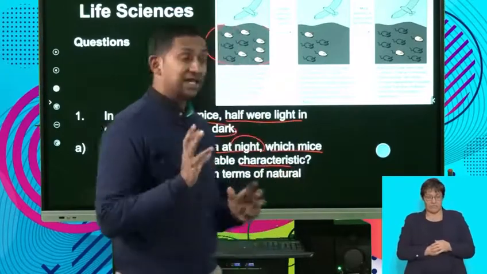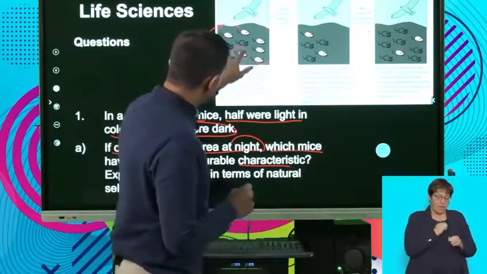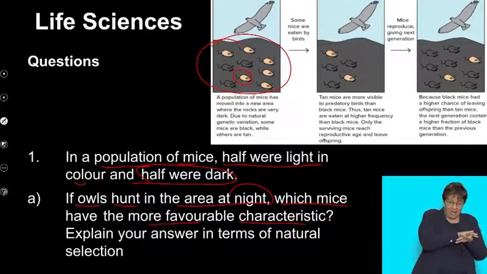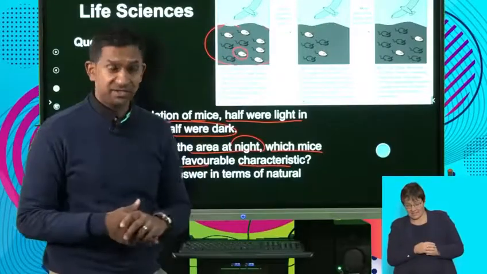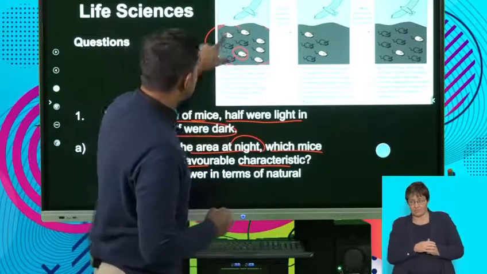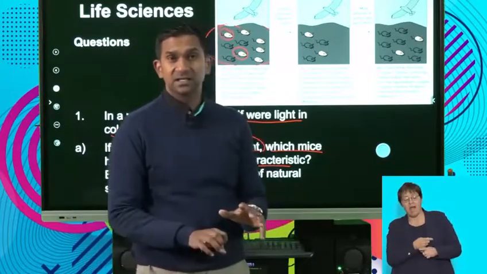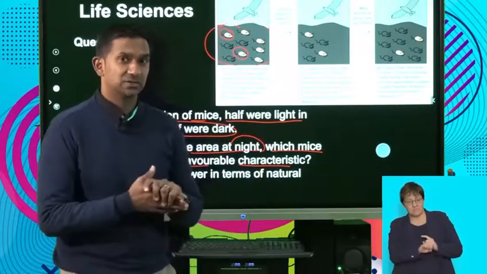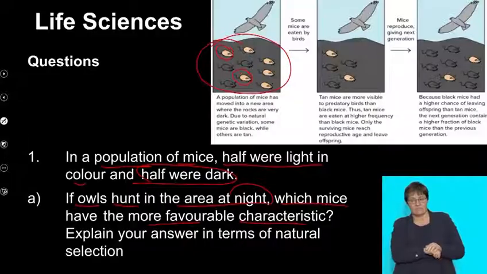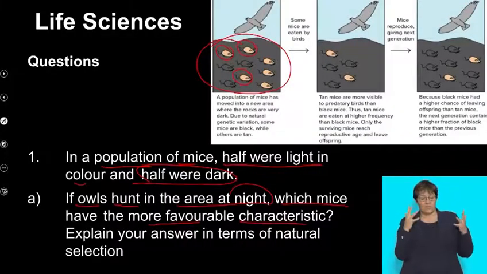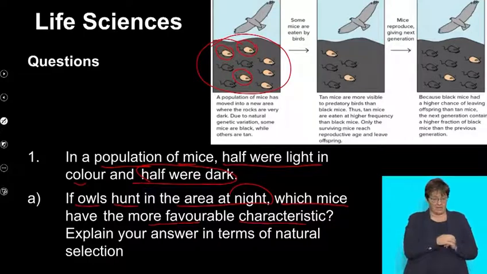Having a different color of coat gives some individuals a better advantage, or not necessarily an advantage. In this case, the light individuals against the dark surface at night are more likely to be seen by the owls. So we'll find that the individuals that have a darker color, in this case the darker mice, will be less likely to be seen.